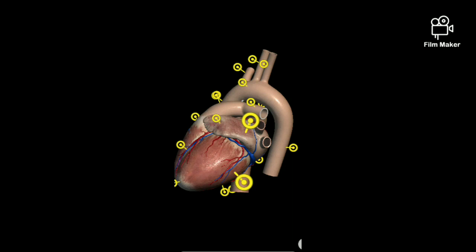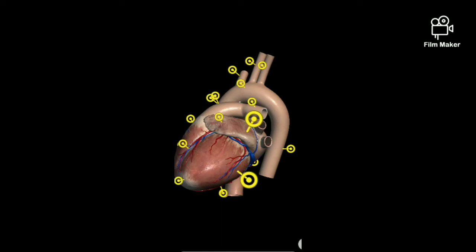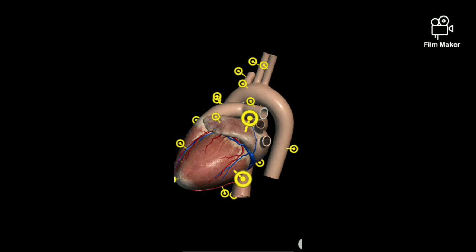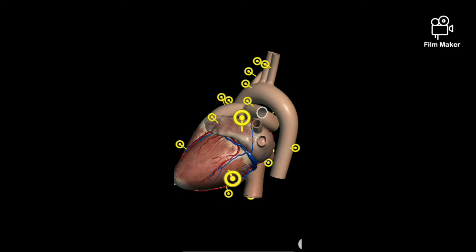It consists of several items: the sinoatrial node, the atrioventricular node, the atrioventricular bundle, which is the bundle of His, and the Purkinje fibers.